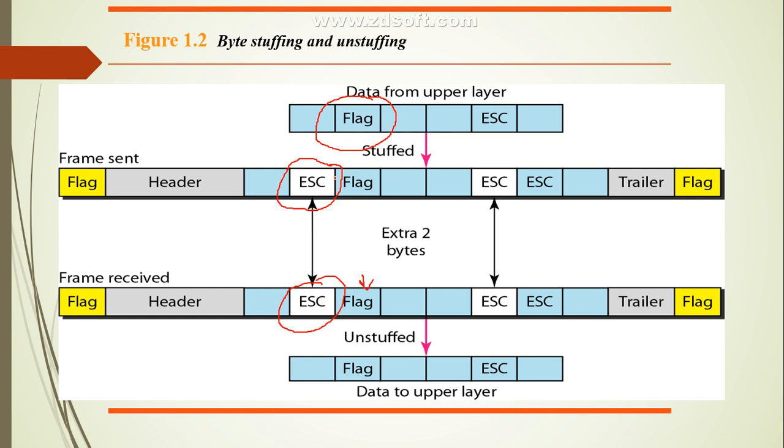What is that problem? The escape character that we use here, just like the flag became part of the data, there may be a chance that the escape character itself would be a part of the data. It may happen. So how are we going to fix this problem?